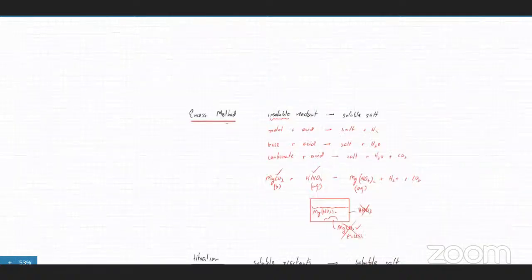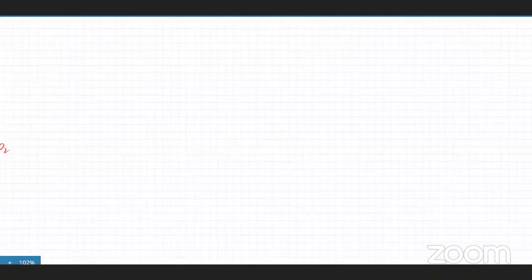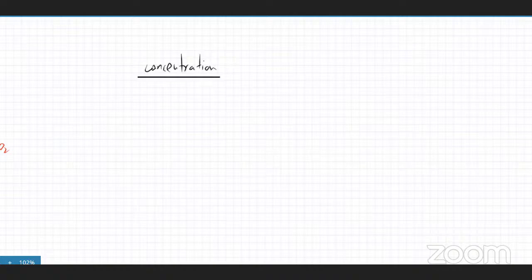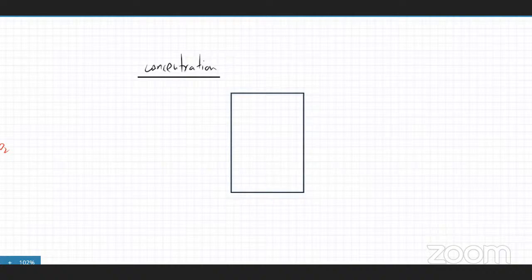First, concentration. Let's focus on concentration. Remember why the rate of reaction changes.